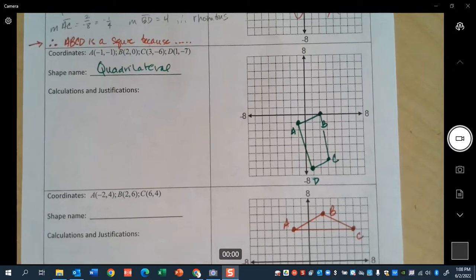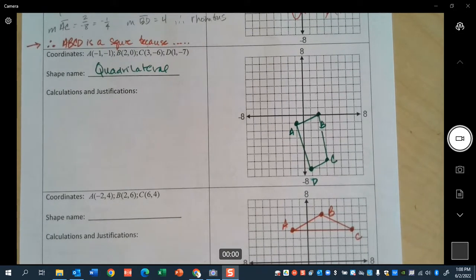This shape is a quadrilateral, because it has 4 sides. I know it's not a parallelogram because the sides are not parallel. It doesn't have 2 sets of opposite parallel sides. I know it's not a trapezoid because it doesn't have 1 set of parallel sides.